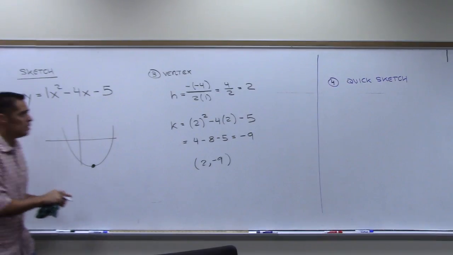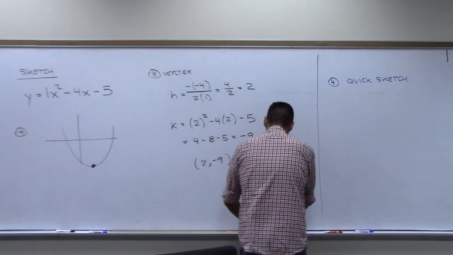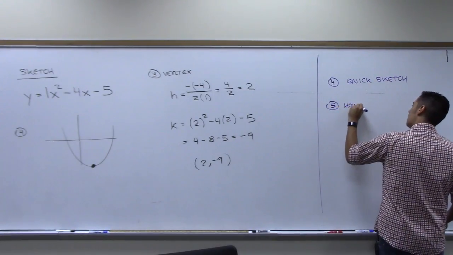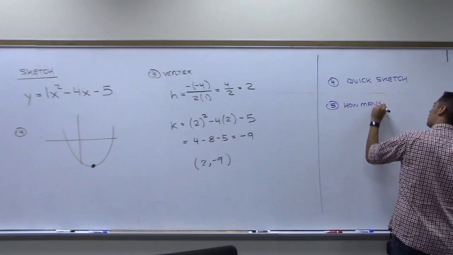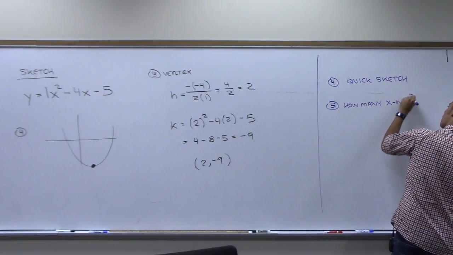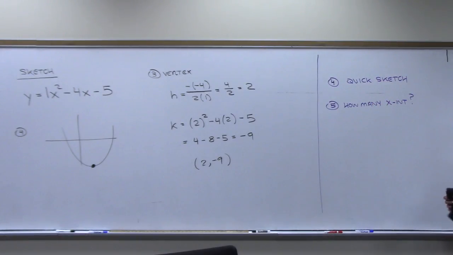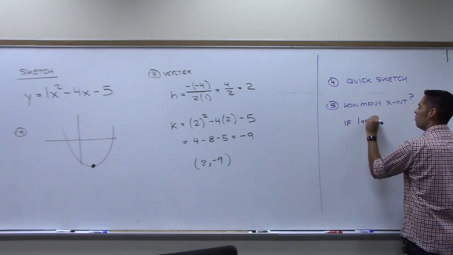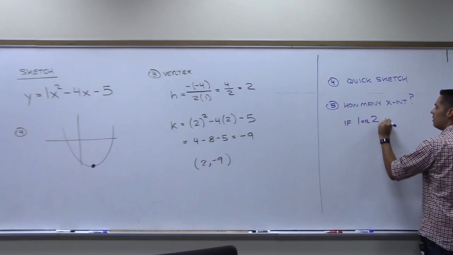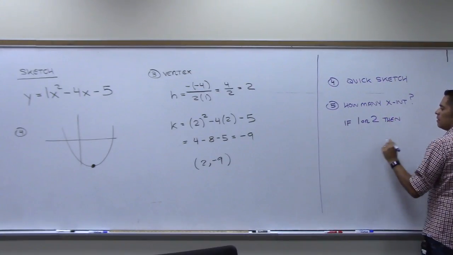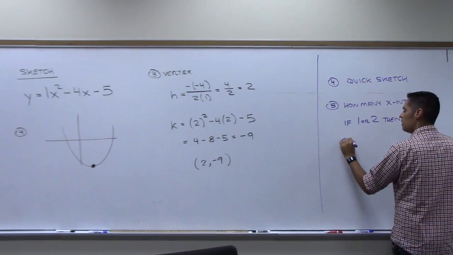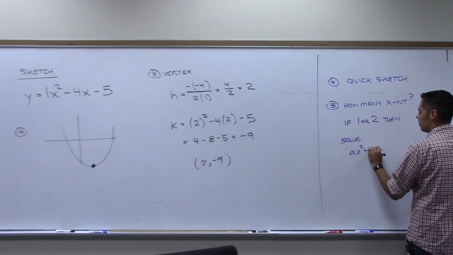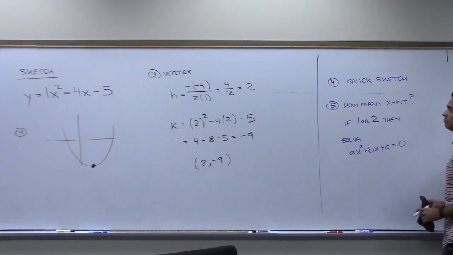Got it? So step 5, after the quick sketch, is to answer the question, how many x-intercepts? If 1 or 2, then solve ax squared plus bx plus c equals 0.